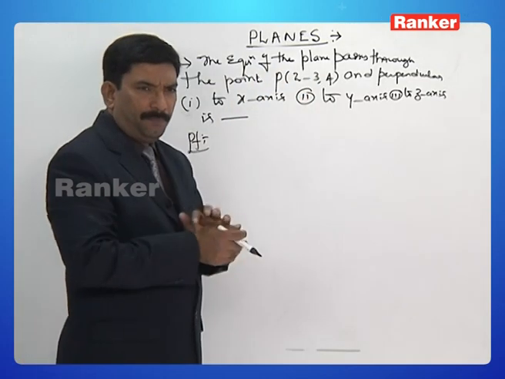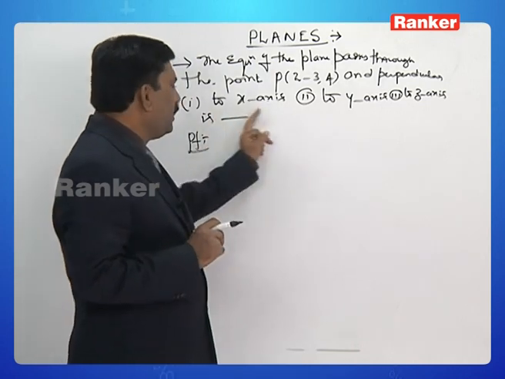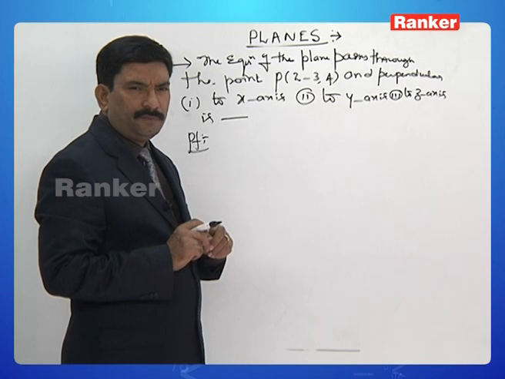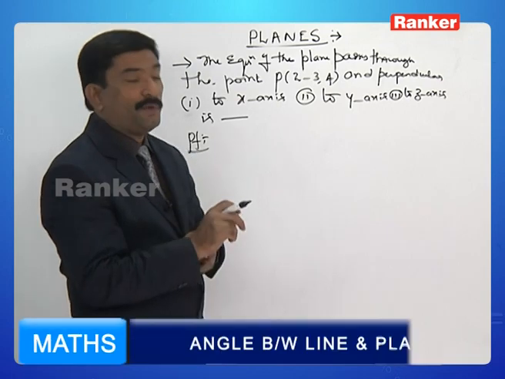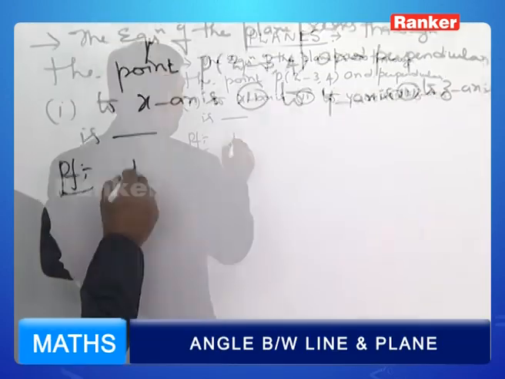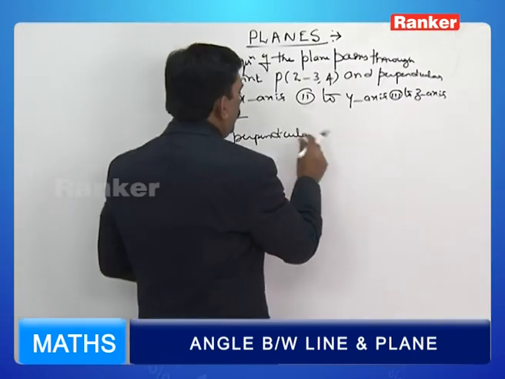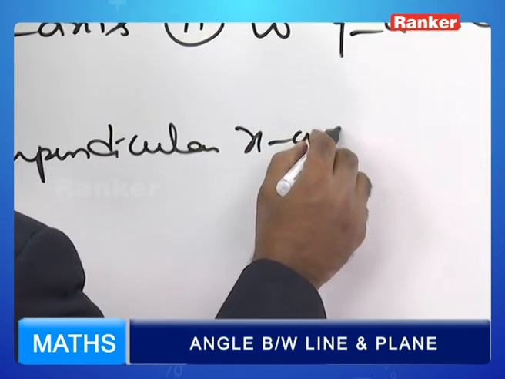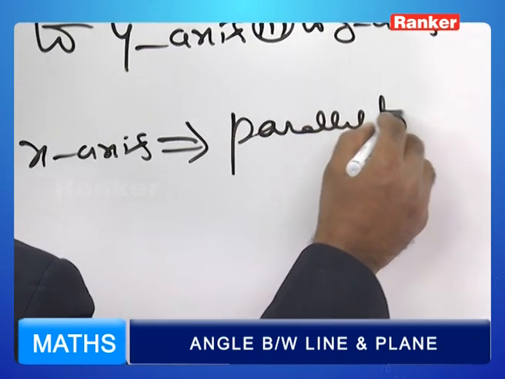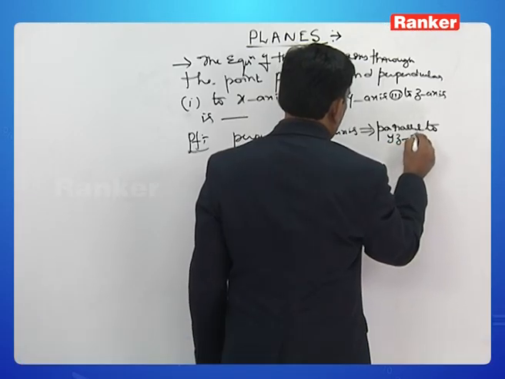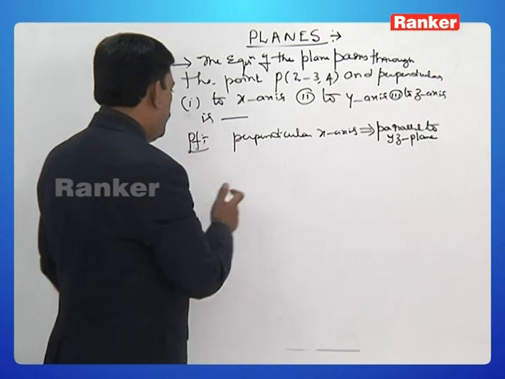The equation of the plane passes through the point P(2, minus 3, 4) and is perpendicular to the x-axis. Perpendicular to the x-axis means parallel to the yz plane.